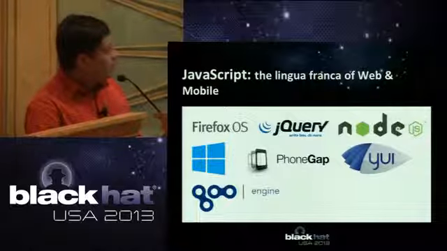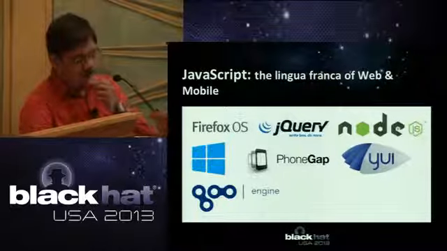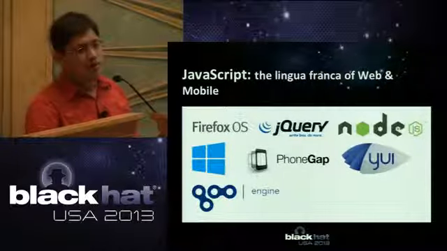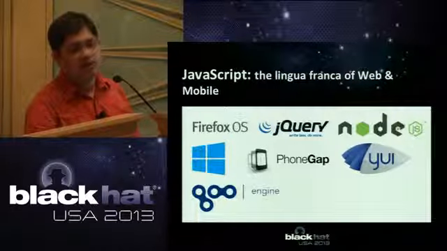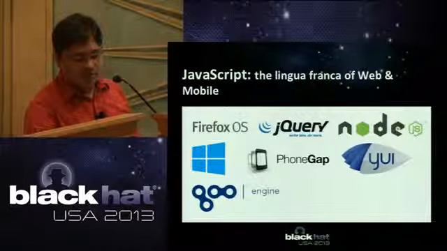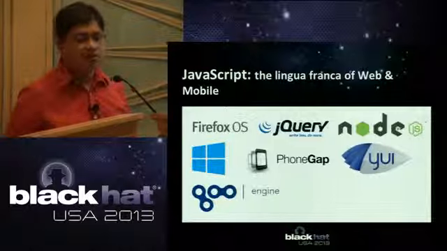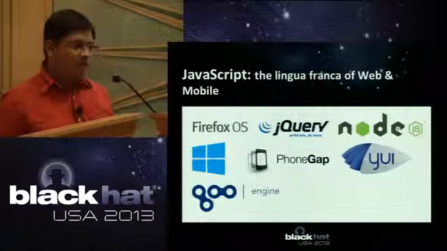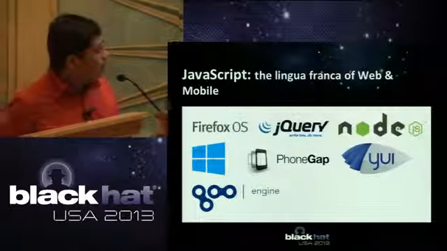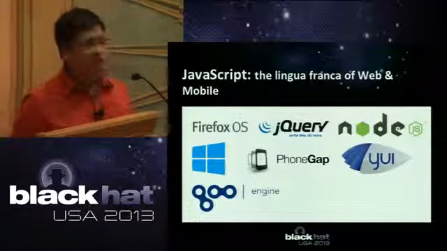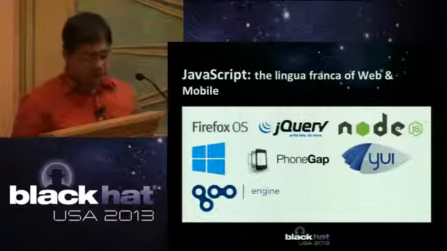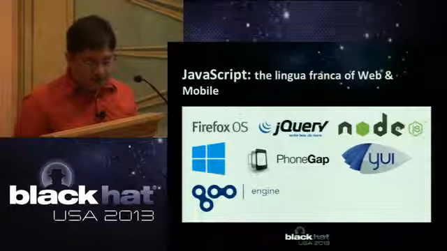There are new SDKs and frameworks being released, like the Goo engine, which lets you write interactive 3D games using JavaScript and HTML5. Sorry, I forgot to mention Node.js, the new server-side JavaScript.